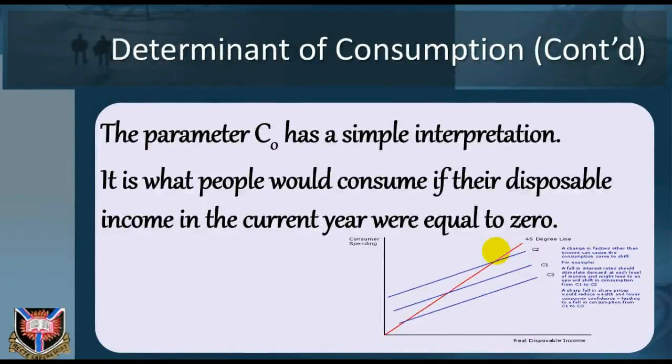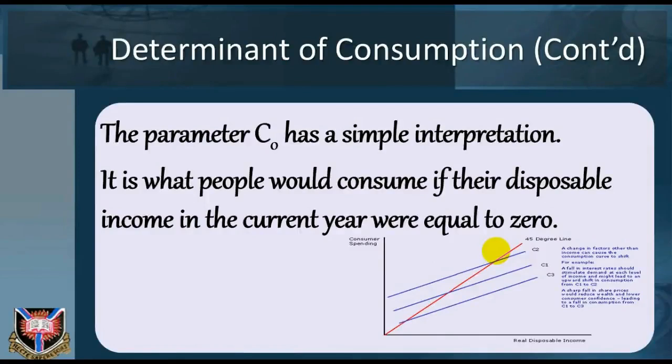A natural restriction on C1 is that it is positive. An increase in disposable income is likely to lead to an increase in consumption. Another natural restriction is that C1 is less than 1.